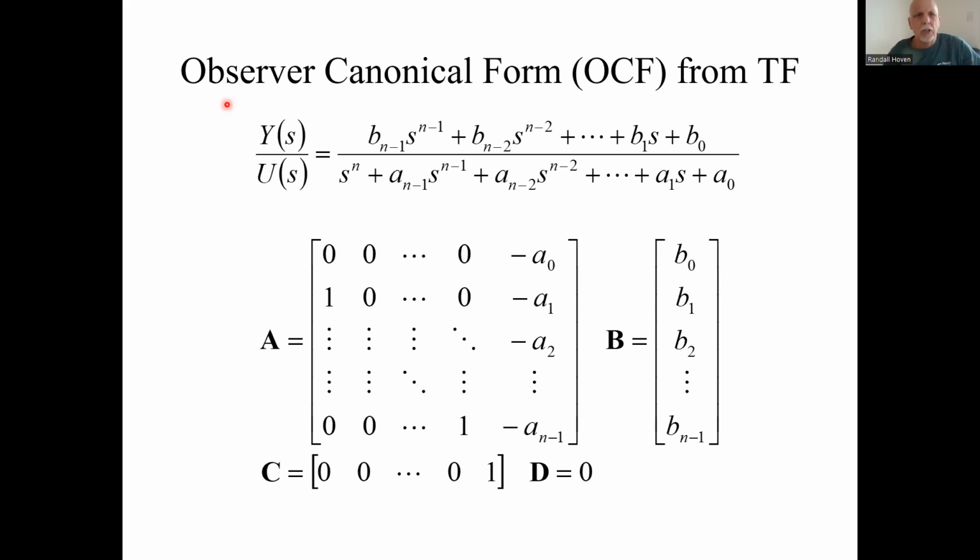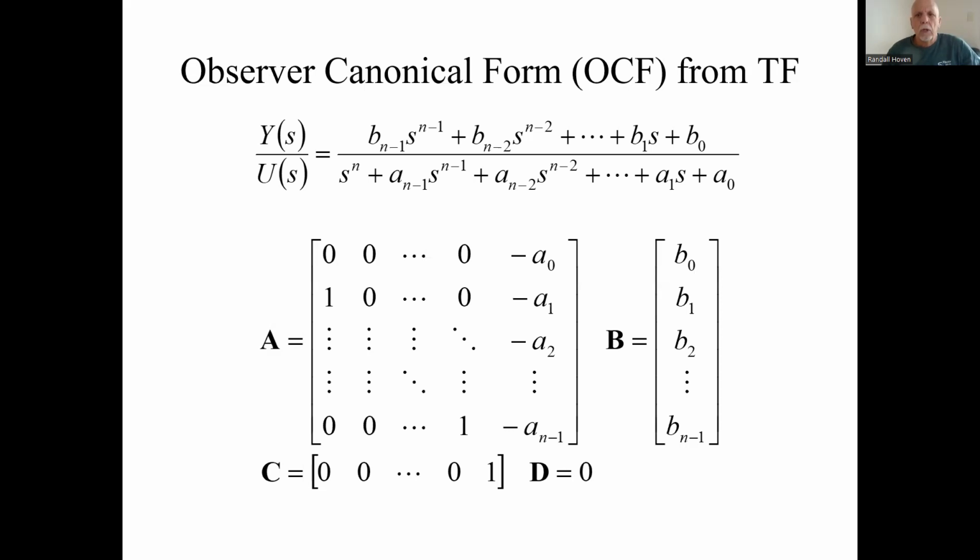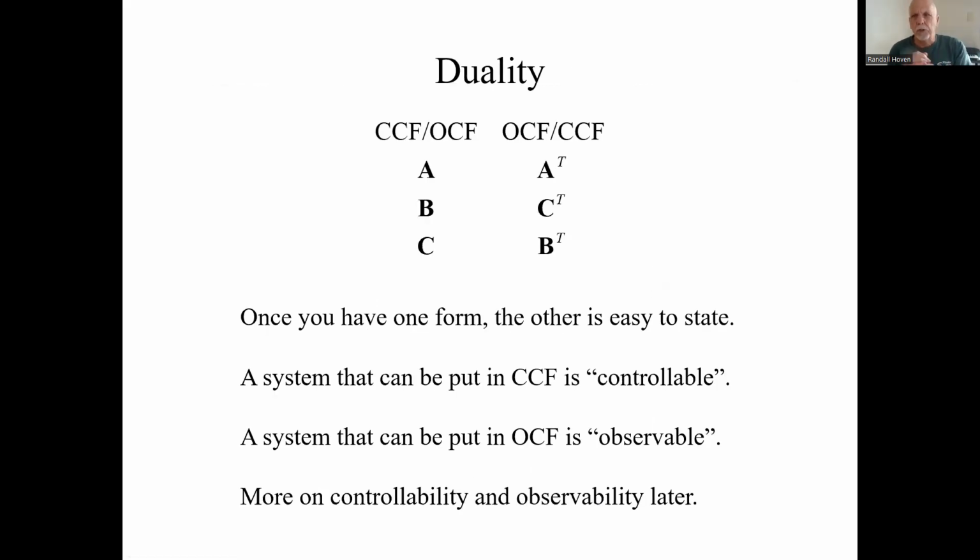Similarly, there's something called observer canonical form. Same starting transfer function. Here's the state space representation in observer canonical format. See, in both cases, the D was 0. There's duality between control canonical and observer canonical.